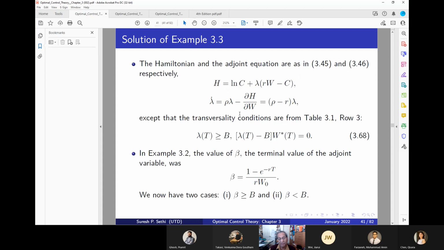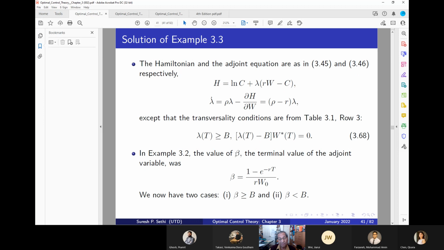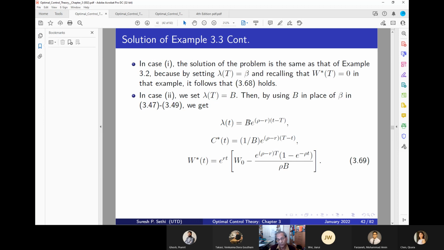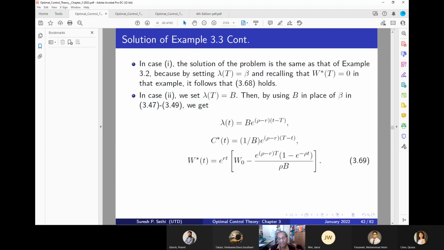By some argument, we were able to determine a lambda t threshold value, and now we can set B, which is bigger than the threshold, exactly equal to B, and that condition tells us that's what we have to do. Because if we set anything bigger than B, then this is not 0, and then that condition will not be satisfied. So we need this to be 0. And the only way to make this 0 is to set lambda t equal to B. That's how you resolve it.